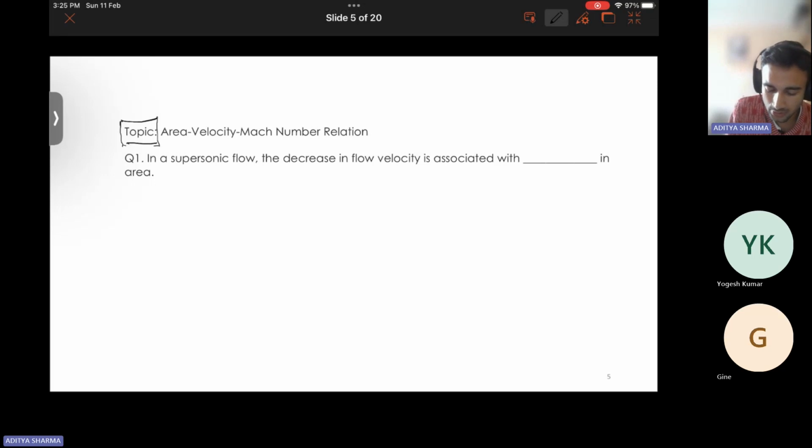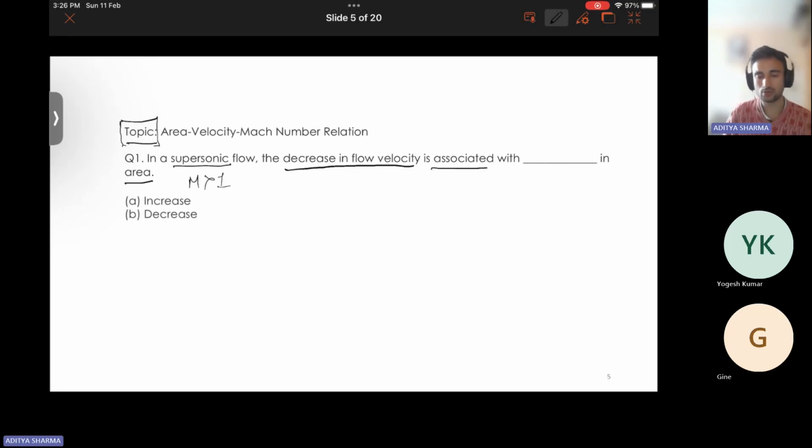There is this supersonic flow, meaning M is greater than 1, and then the decrease in flow velocity. So flow velocity is decreasing, and we have been asked that it is associated with what behavior of area. We have only two options.